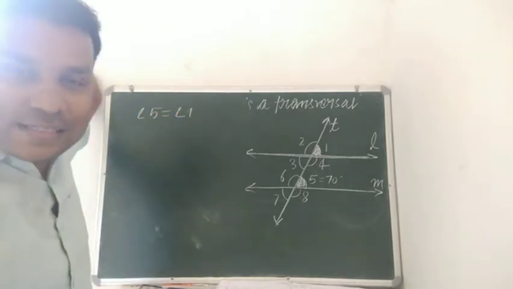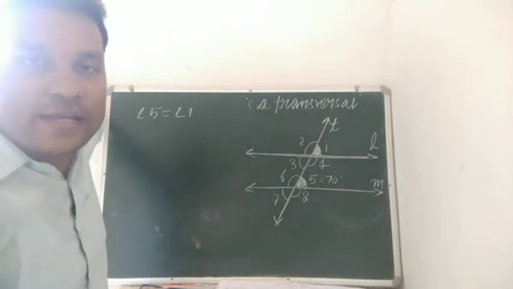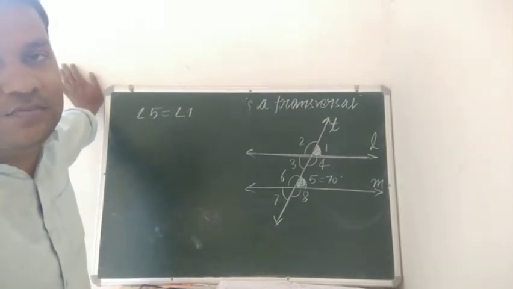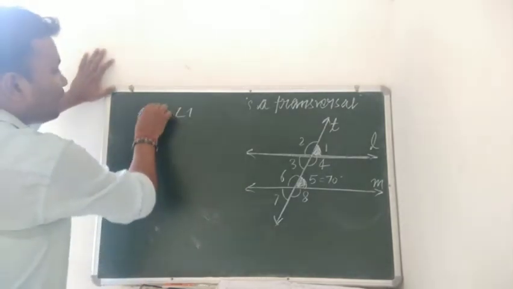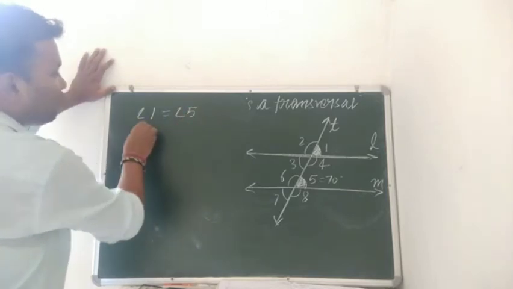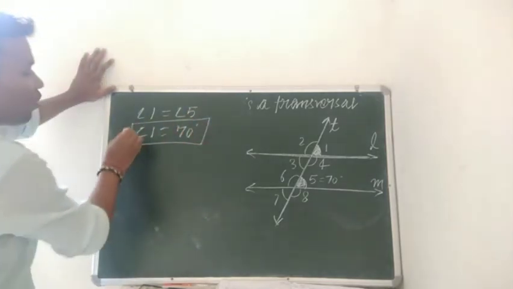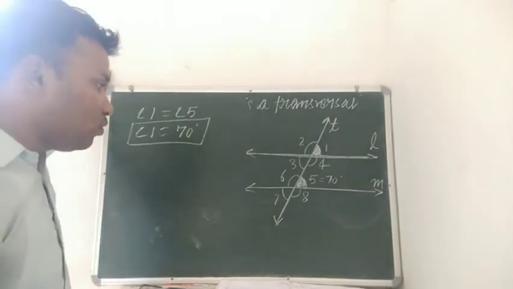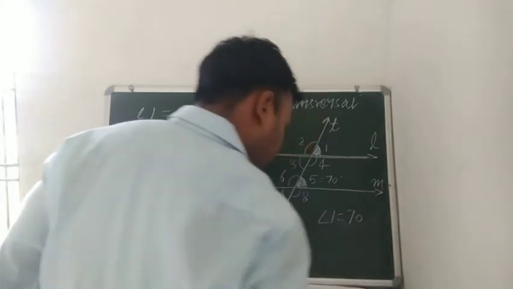And what would be the reason? The reason will be that both are corresponding angles between parallel lines. That is why they will be equal. And the value of angle 5 is already given in the question as 70 degree. That is, angle 1 will also be 70 degree. So we have found one of our angles, angle 1 will be 70 degree.